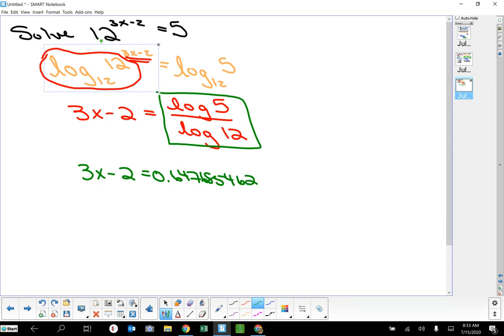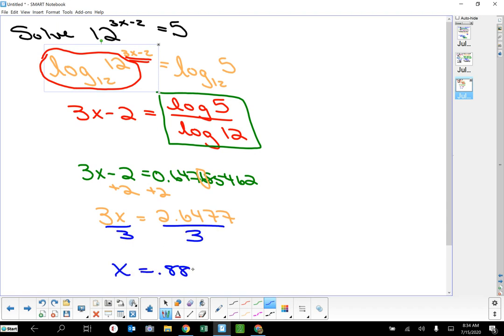And then you're going to add a 2 to both sides. So you get 3x equals 2.6477. I'm just going to round here based on my 4th decimal place. And then divide by 3, and x equals 0.8827.